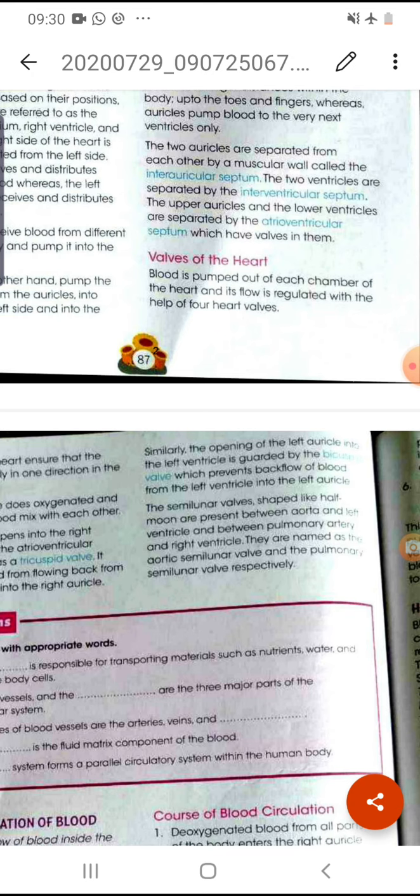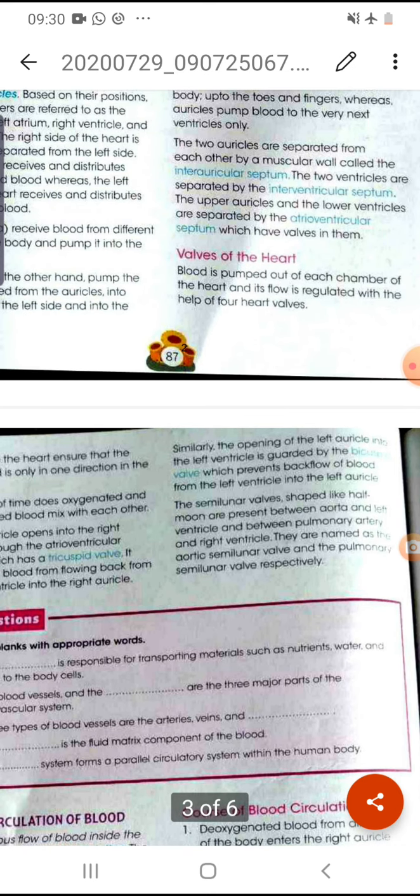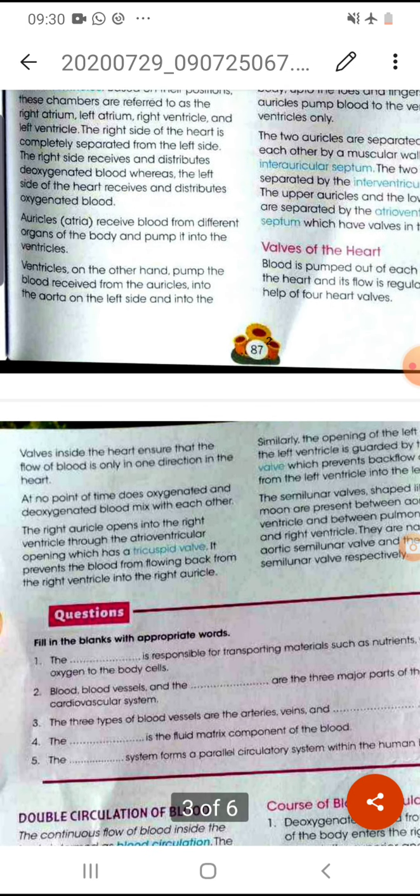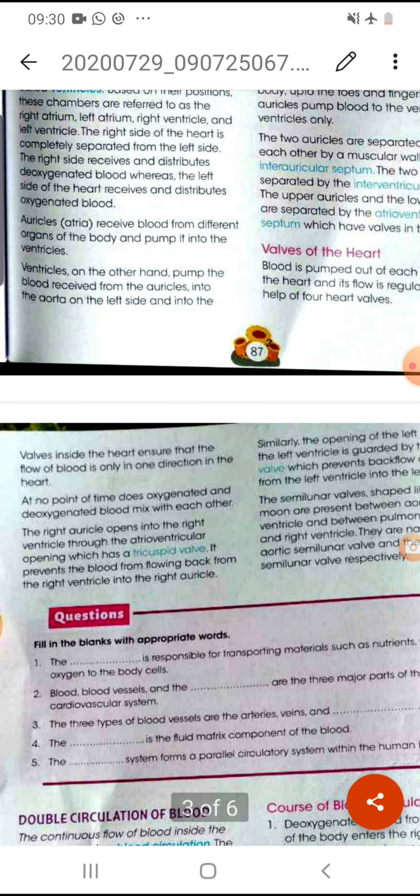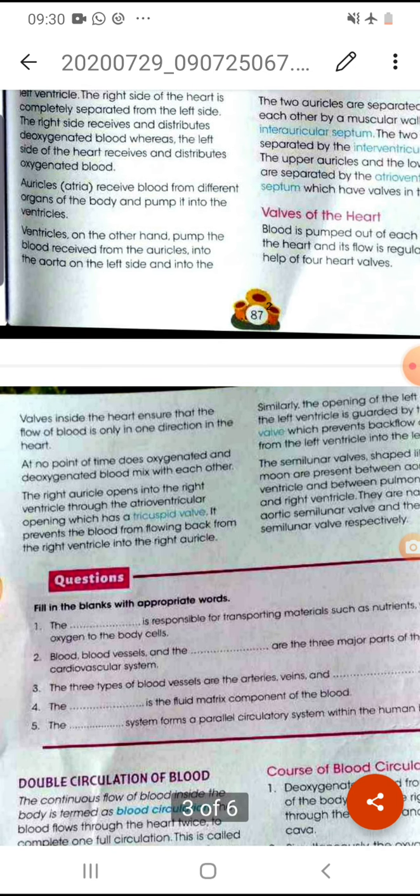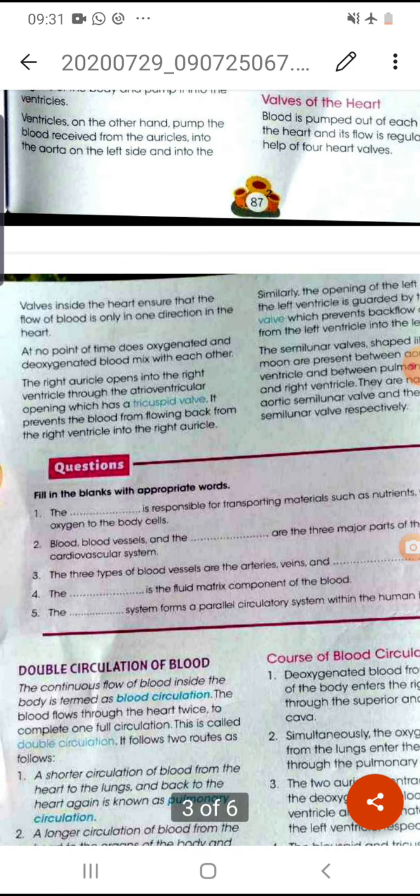Okay, so the blood is pumped out of each chamber of the heart, and its flow is regulated with the help of our four heart valves. Four chambers are there, so four valves are there. What is the function of these valves? The valves ensure that the flow of blood is only in one direction in the heart.